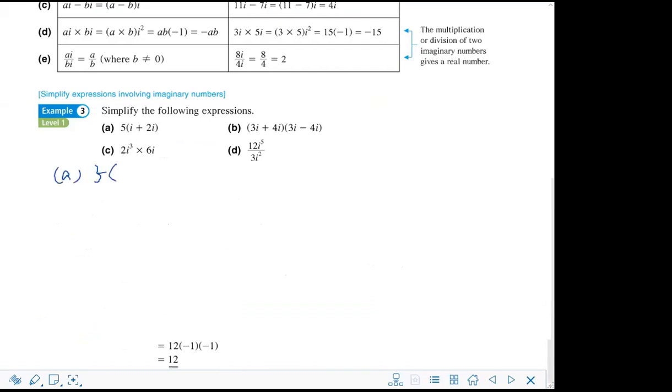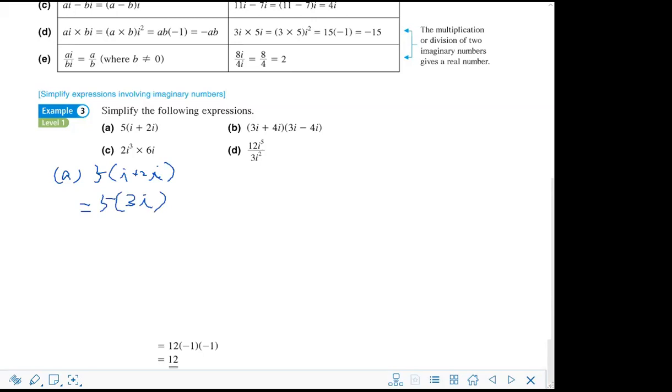Part A. 5 times (i plus 2i). OK? So when you see that we have i plus 2i, adding 2 i terms together, they are like terms. Just like x plus 2x, and then you can add them together, becomes 3x, or 3i here. Okay?